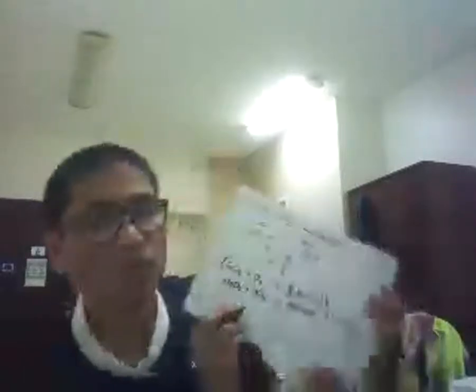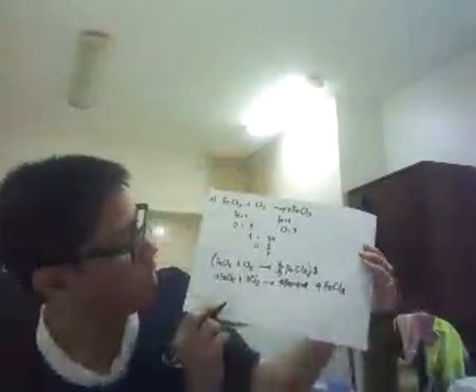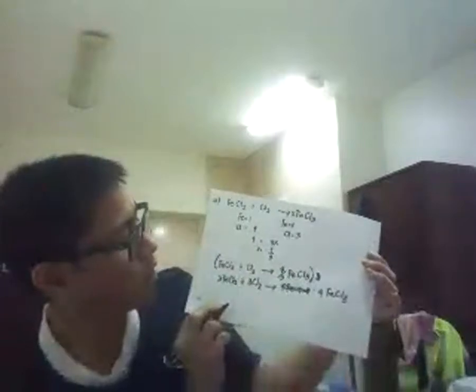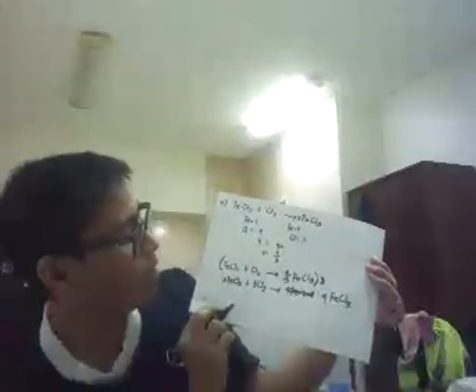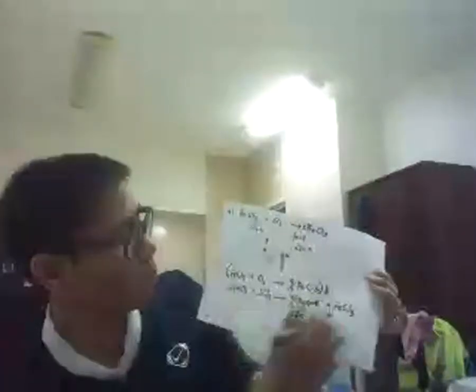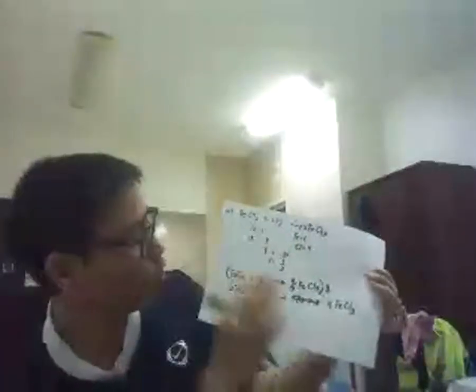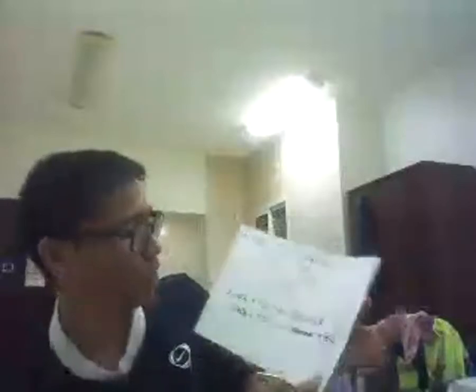This is going to be like this. So 3 ferrous chloride plus 3 chlorine gas gives 4 moles of ferric chloride. And then if you balance the iron, it will never be 12, and the chlorine is balanced already at 12. The problem will always be the iron.